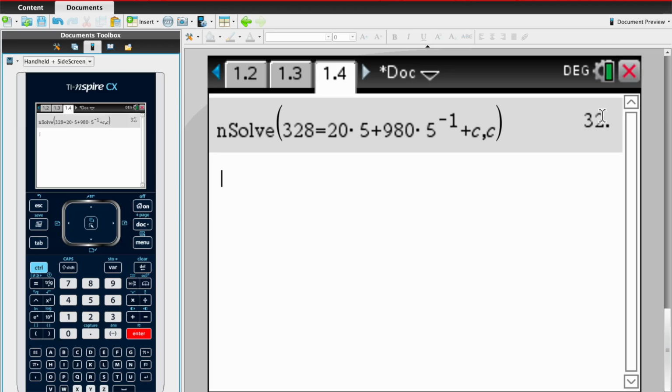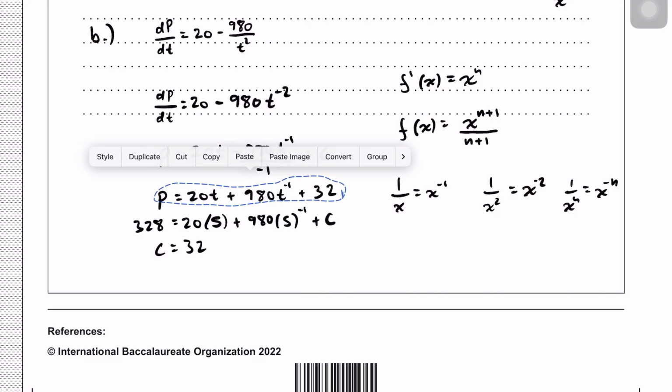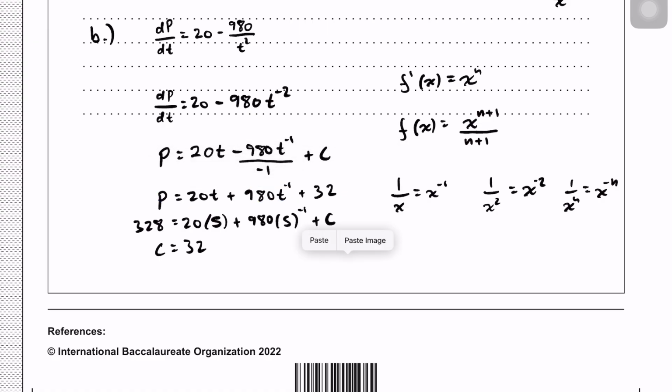So let's go back and write this out. C itself is equal to 32. Since we know that c is 32, let's actually write this in for our function. And this is our final relationship between p and t, right here.